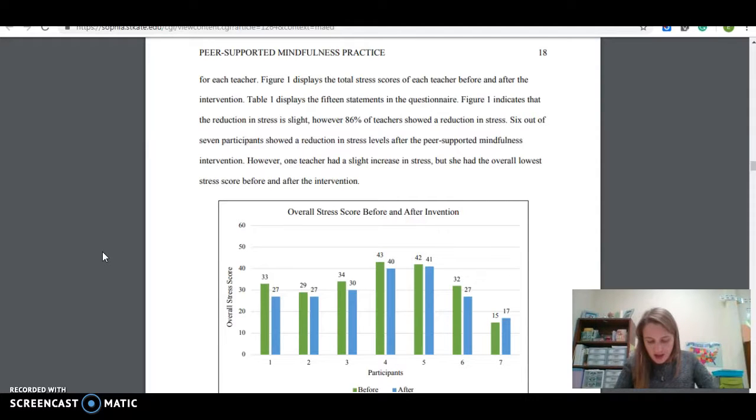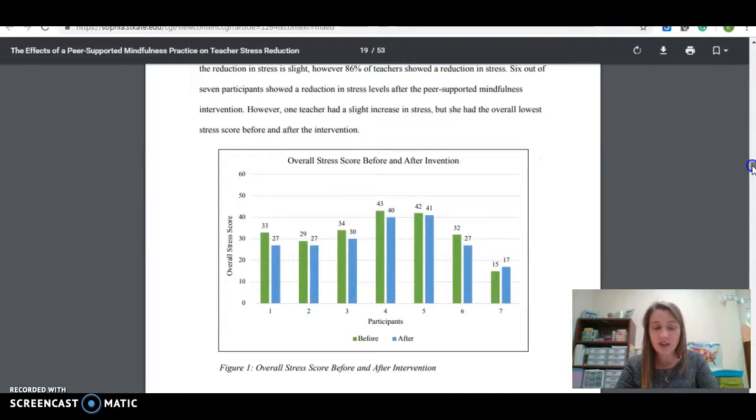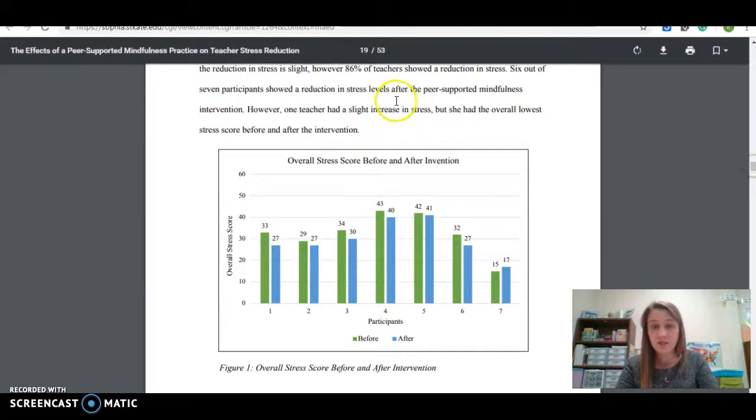Going forward through this, she did not, but could have used a t-test for paired difference in order to determine statistical significance, particularly when we start to look at this overall stress score before and after the intervention. This is all done here, and she has found how the scores have varied, and each of these represents one individual in the study.